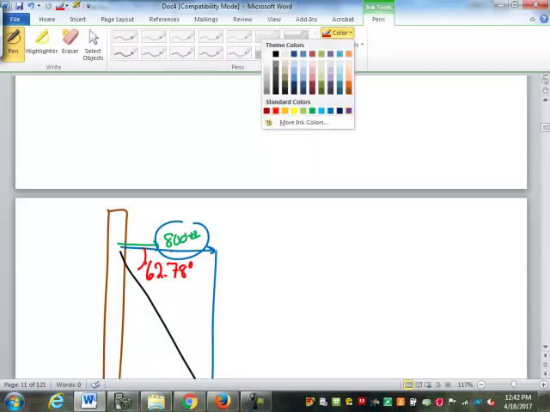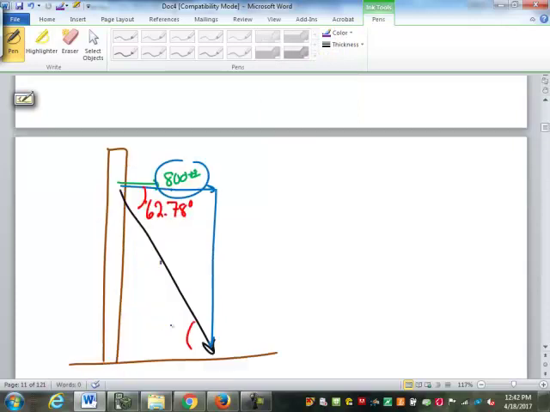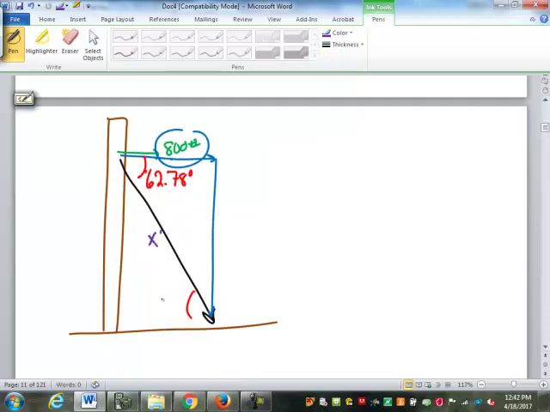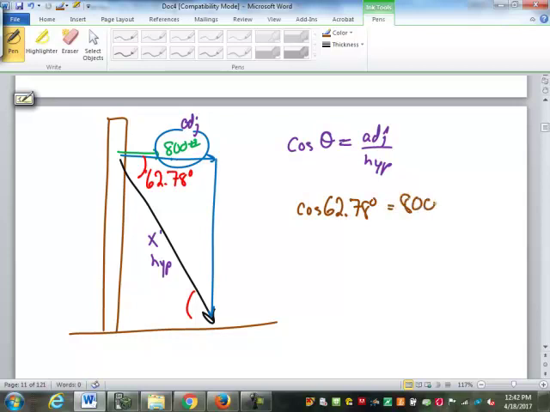So what we need to know is how much tension has to be put on that cable, that wire. That's this force right here. That's the hypotenuse. This is the adjacent side. We're dealing with a cosine. So we fill in what we know. We know the angle this time is 62.78 degrees. The adjacent side is 800 pounds.